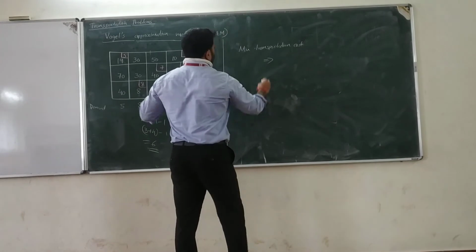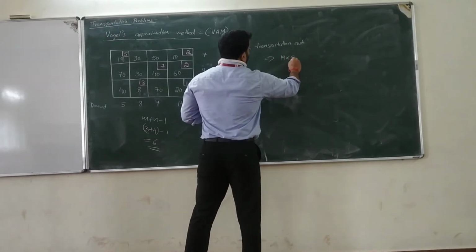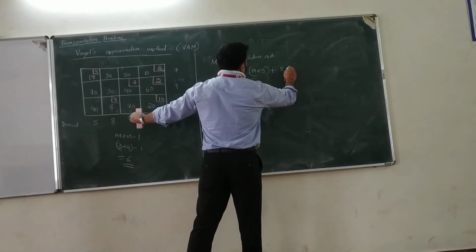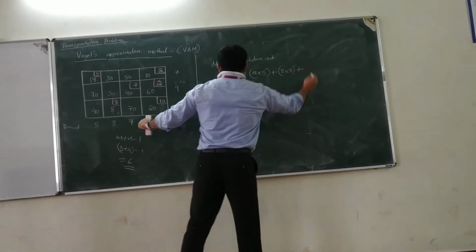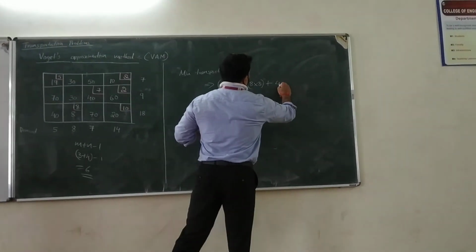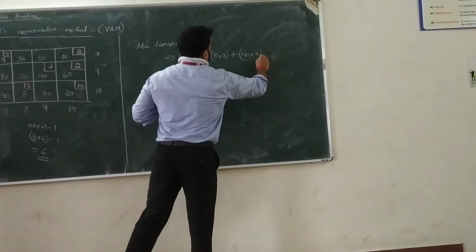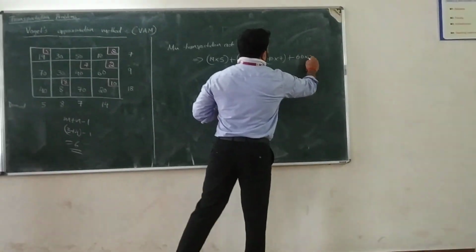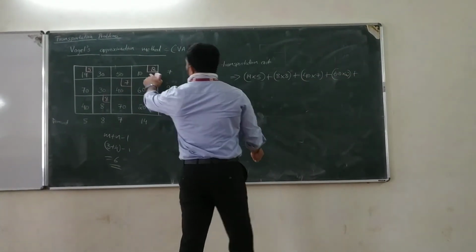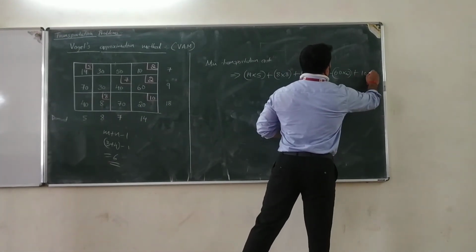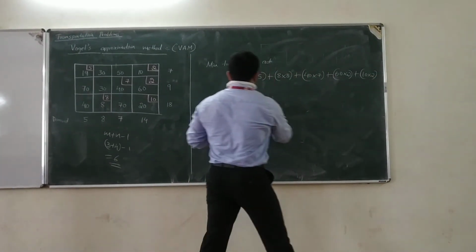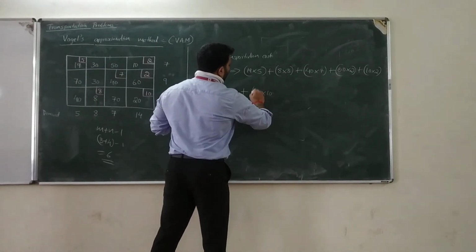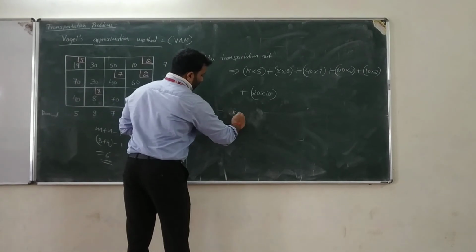The cost is equal to 90 into 5 plus 8 into 8 plus 40 into 7 plus 60 into 2 plus 10 into 2 plus 20 into 10.